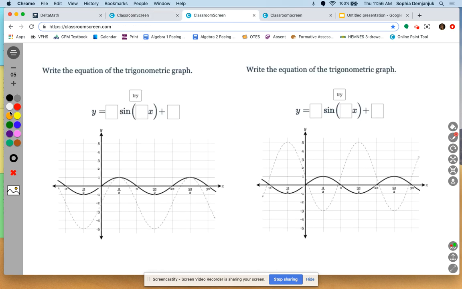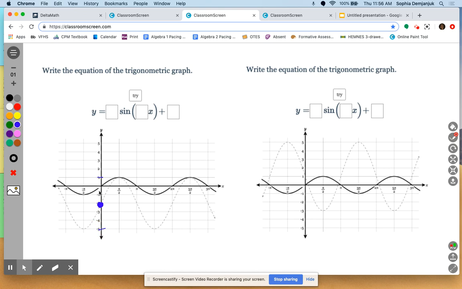So let's do a couple examples. First thing that I'm going to look at is I'm going to find the midline. When we're looking at the sine graph, we know it's a sine graph because I am starting with that sideways S shape. For my midline, we know for sine it goes right through the y-intercept. It had a maximum height of 1 and a minimum height of -5.